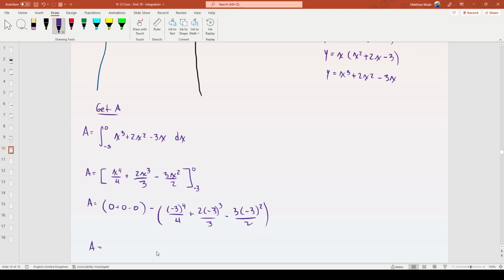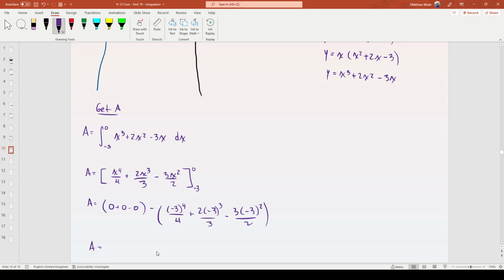Okay, so let's check it. I'm going to calculate it because I don't want to take any risks. Minus open bracket. -3 to the power of 4 is going to be divided by 4, plus 2 times -3 cubed over 3, minus 3 times -3 squared.